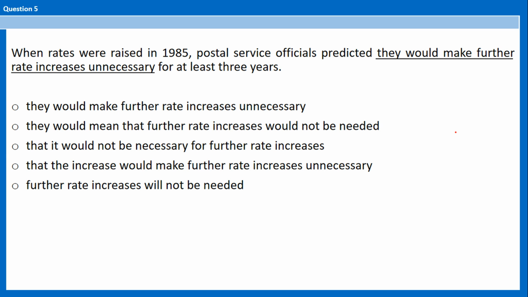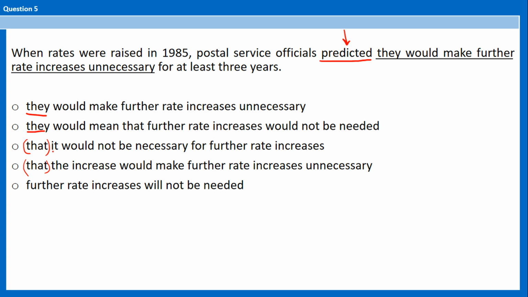Number 5. When rates were raised in 1985, Postal Service officials predicted, okay, after a verb such as predicted, we usually prefer the subordinator that. Okay, so let's take a look at other splits.